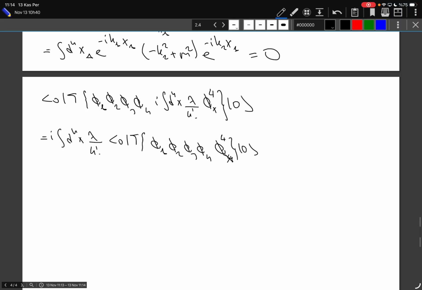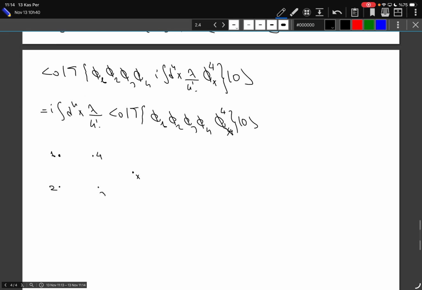What do I have? I have the point x1, the point x2, the point x3, and the point x4, and then I have the point x. There is one field at each of the points x1, x2, x3, and x4, just one field. At the point x, I have 4 fields.